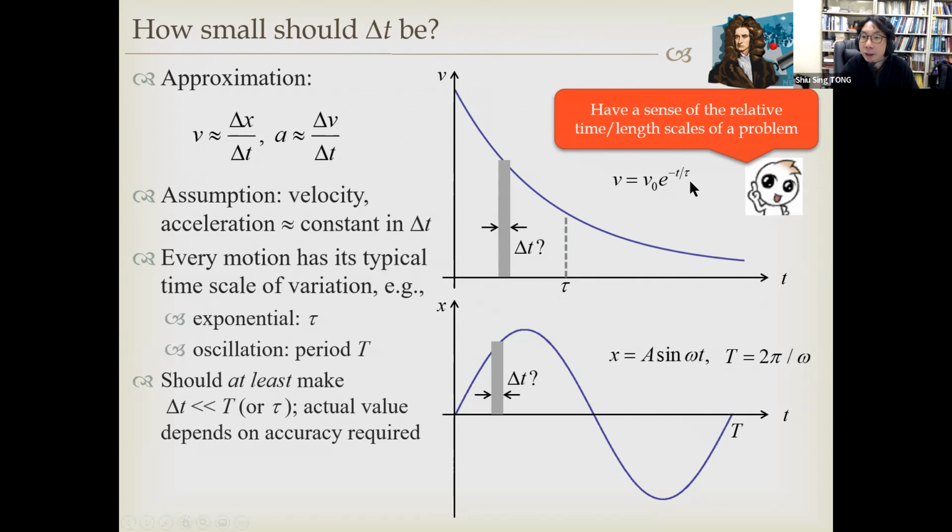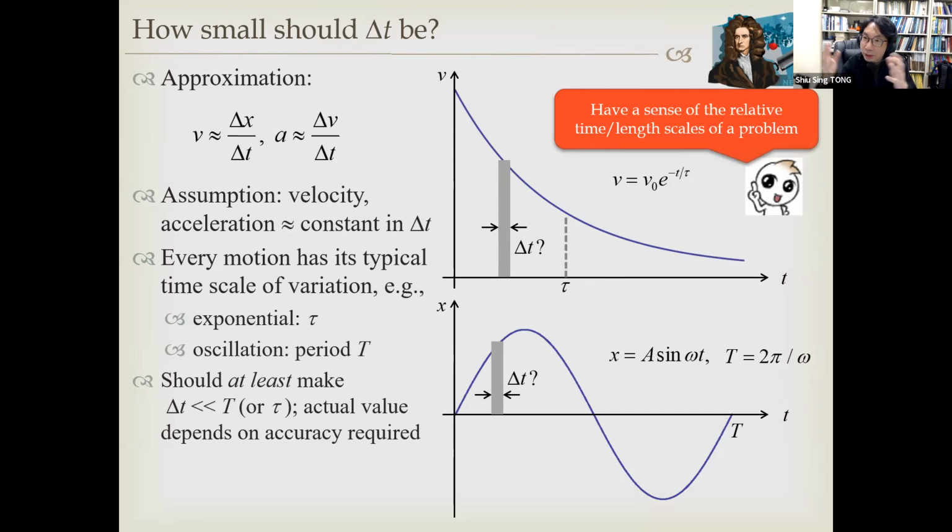Now, for example, if the tau is 10 seconds, then what should you choose for delta t? Does anybody respond? Any idea? What is called much smaller than? For much smaller than tau, you need at least 100 times smaller, right?